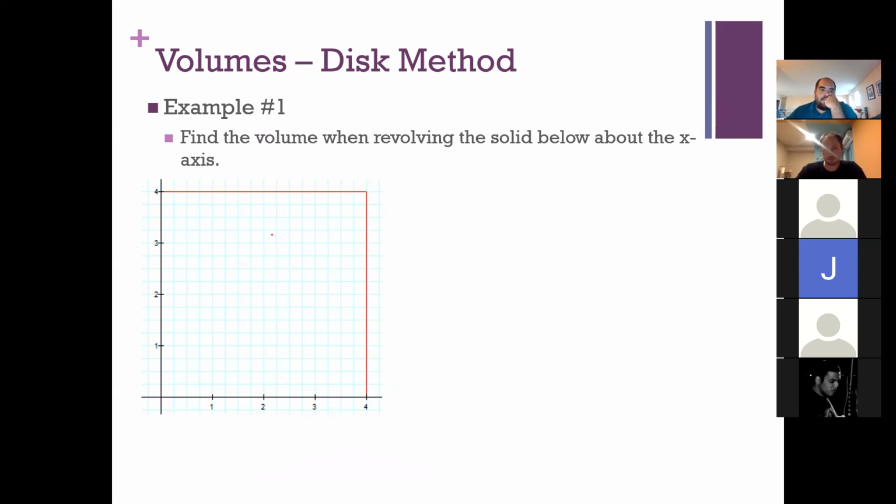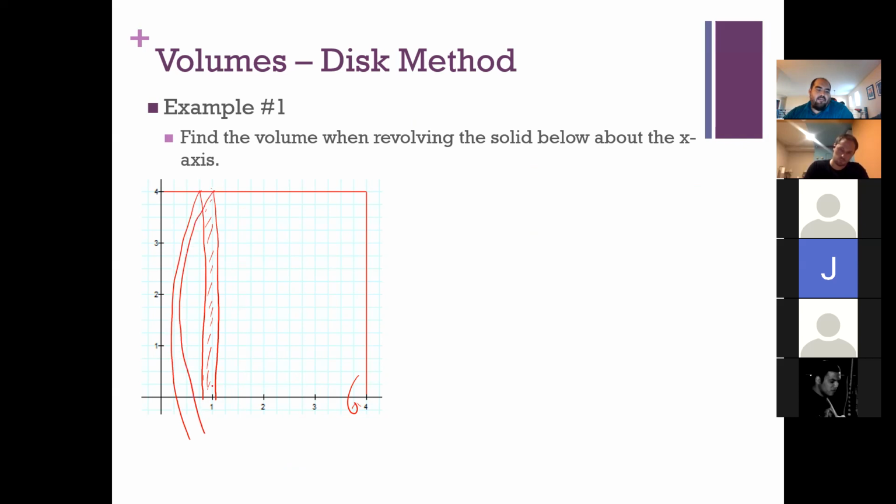So I'm going to take a rectangle here, revolving around the x-axis. Hopefully you're okay with the idea that this is going to make a cylinder that I can't quite complete because this is a little bit too tall.